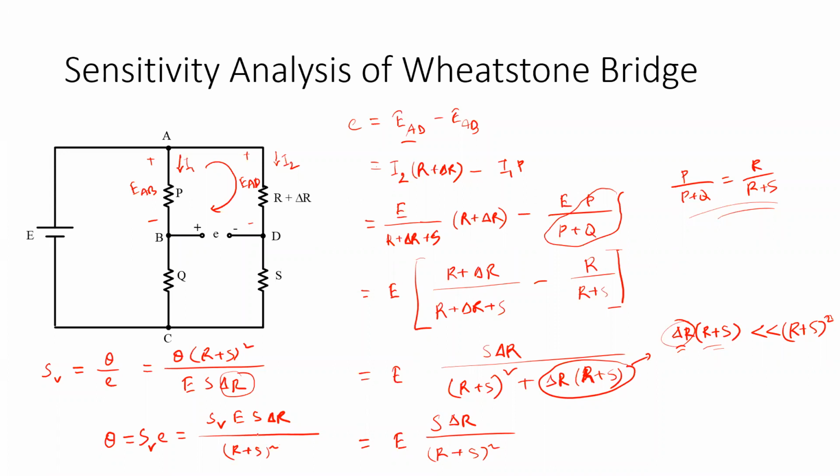I have written it in this form because we are going to use it again later when we are discussing bridge sensitivity and current sensitivity. I hope that up to this it is okay. Later on I will move on to discussing bridge sensitivity, and in the meanwhile, if you want to ask anything, you can ask.